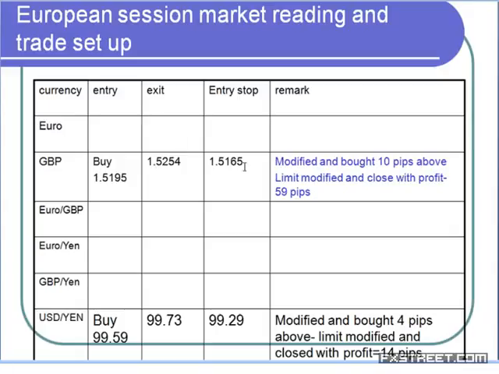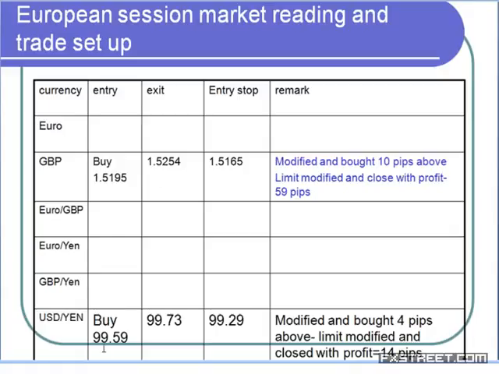I kept the hedge order at 1.5165, slightly 5 pips above the initial high. This is what I wanted to explain to you as a technical trade. When they breach the high and stay above it for more than 30 minutes, they are expected to make a further rise towards the close of the session.